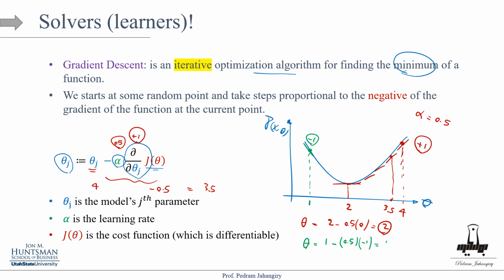So I'm going to get 1.5. So as you can see, we're going in the opposite direction, 1.5. Again, I use very simple numbers. In reality, it might be a little different. The steps are not necessarily symmetric, depending on the shape of the cost function. Okay, hopefully it gives you a sense of how gradient descent at the very high level is working.